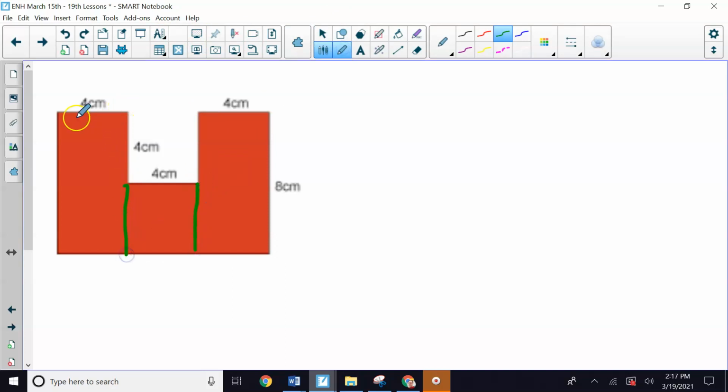All right, so I know this is 4 times 8, and this is going to be 4 times 4, because this distance here is 4, because that's also 4. This is 4. 4 and 4 is 8. So your 16 is right here, and then 4 times 8, 32. So if you put all those together, you'll get 80 as well. So lots of different ways to do this problem. Lots of different ways to decompose it and to cut it into pieces.